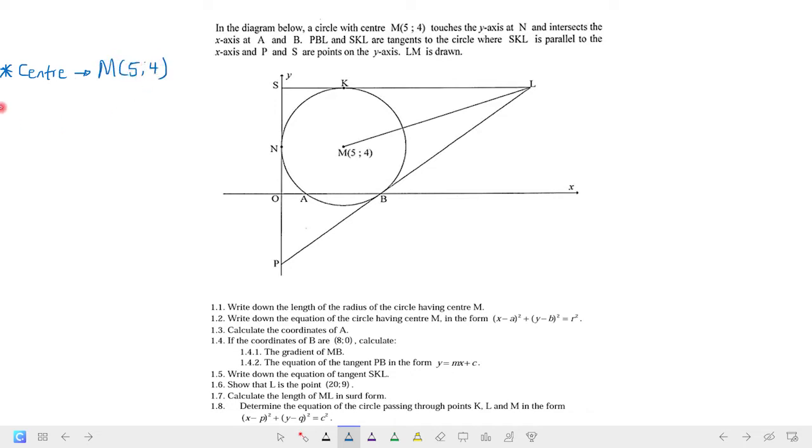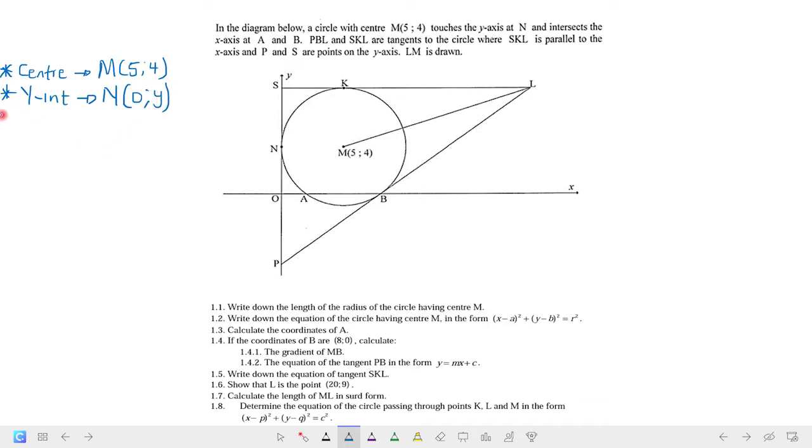That's the first thing. The second thing, we're told that we have a y-intercept, and that y-intercept is the coordinate N. It is very important to understand that if we have a y-intercept, it means the x value is going to be 0. So here we have (0; y).